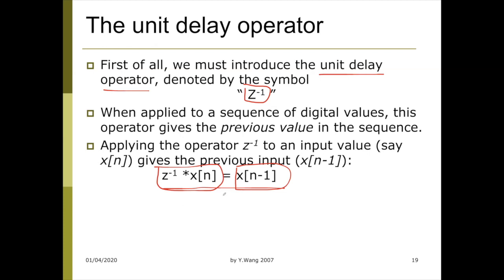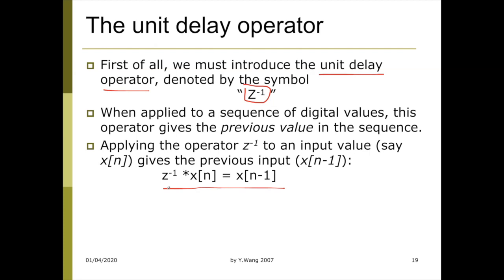So what this basically shows is, if you have a delayed version of the input signal, x[n minus 1], it's equivalent to the current input multiplied by a delay factor z power minus 1. And that delay is a delay of one sample. So the number of samples delayed, for example minus 1, becomes the exponent of this delay factor, z power minus 1.